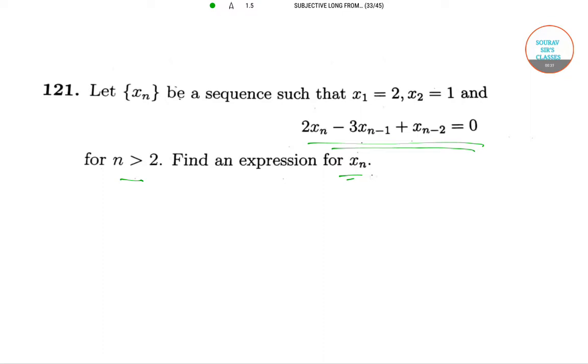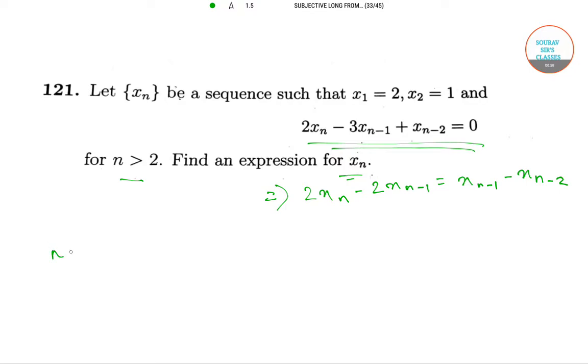Now from the question itself, we can write that 2xn minus 2x(n-1) is equal to x(n-1) minus x(n-2).